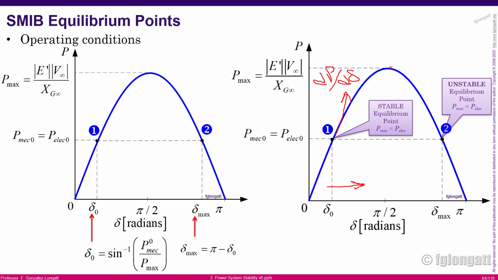However, after you pass 90 degree, you start to go down the hill because here dP/dδ is below zero, and an increase in the angle means a decrease in the active power.